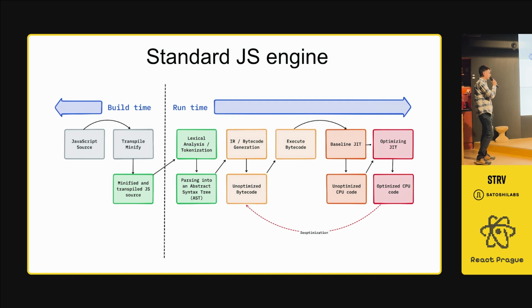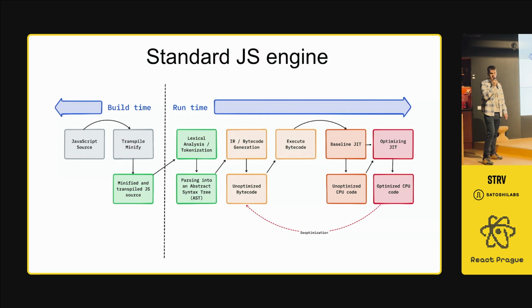Then we take these tokens and parse them into an abstract syntax tree, which is a tree-like structure to represent your code, which is good for a computer to work with. And when we have this abstract tree ready, we can start something that is called bytecode generation.